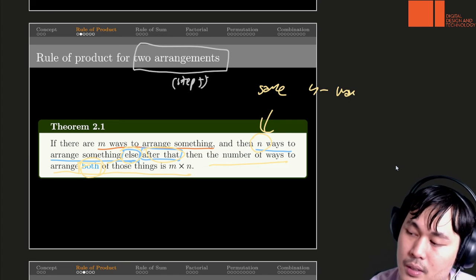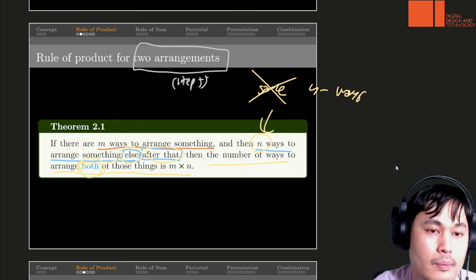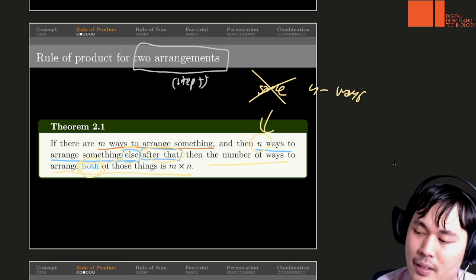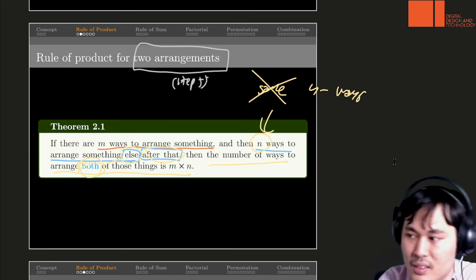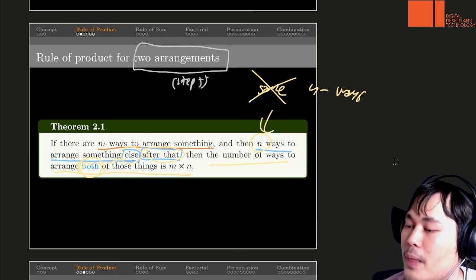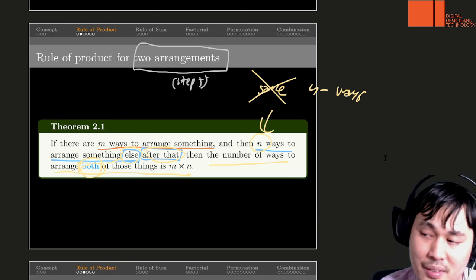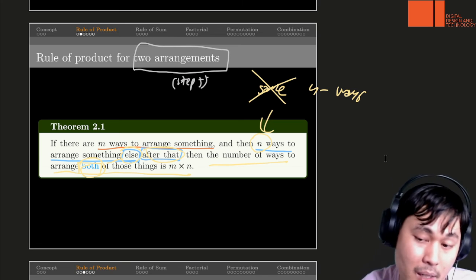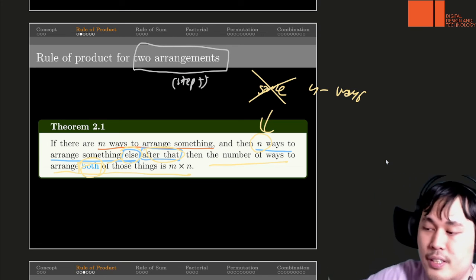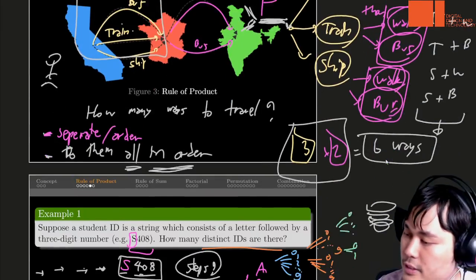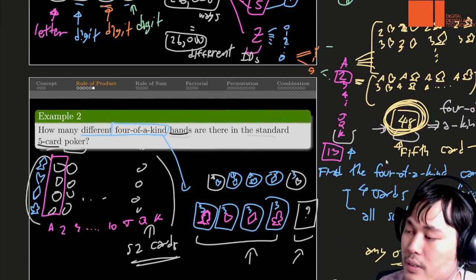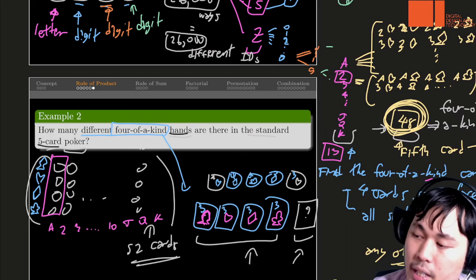They could be different. It doesn't say the second part needs to be identical for all the cases. No, it doesn't say that. It simply says that they all have the same number of ways to arrange the second or third or anything. And so this is why we can still use the rule of product.